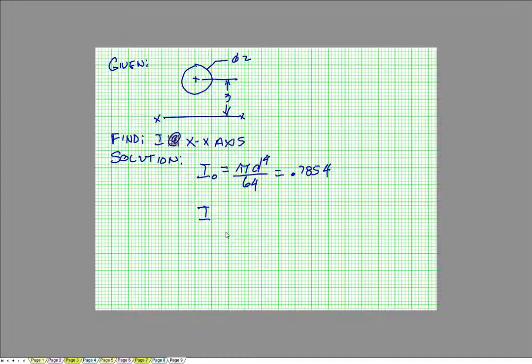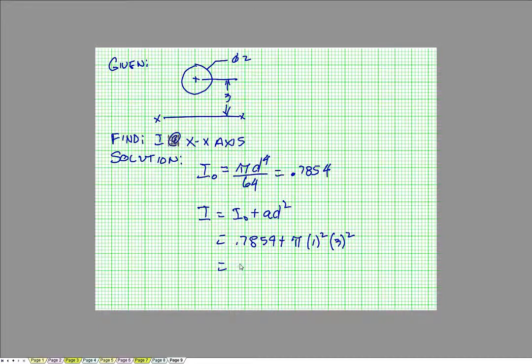I don't have area in my notes here, but we'll work that out. So total inertia is I sub O plus AD squared. 0.7854 plus the area, pi times the radius of 1 squared, times the distance squared, which is 3.